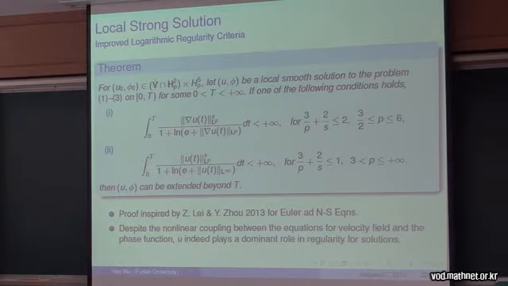We can obtain exactly the same criteria for the local strong solutions as the Navier-Stokes equation. This means that in the nonlinear system we consider, the velocity field plays the dominant role.